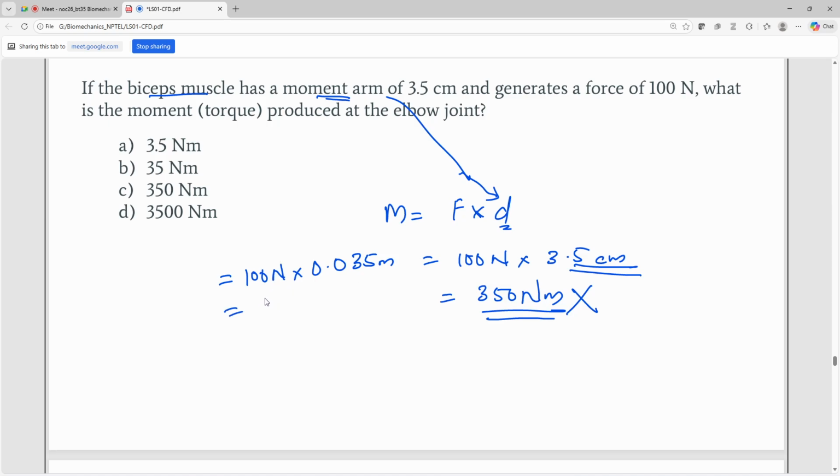Then our answer becomes 3.5 Newton meter, not 350 Newton meter. So here the unit is in centimeters, and also we were talking about muscles. So muscles can't have 3.5 meter. So the answer is option A, 3.5 Newton meter, not 350 Newton meter.